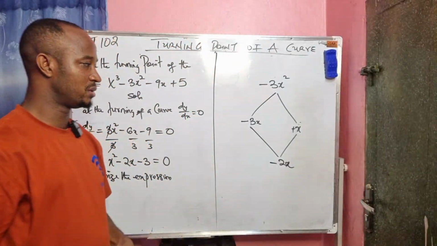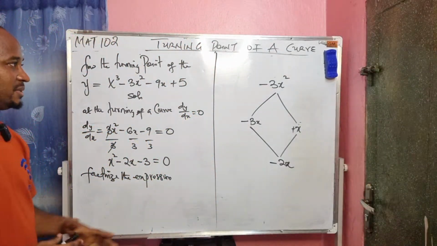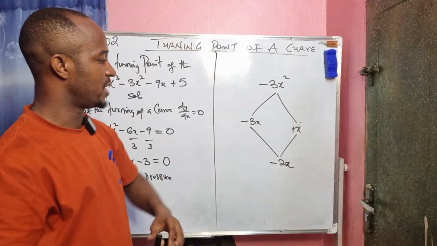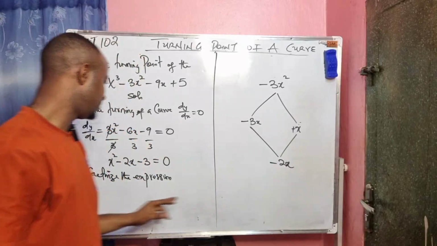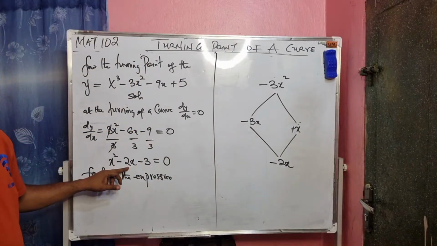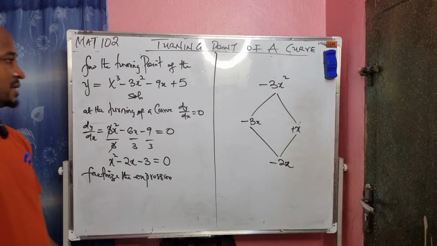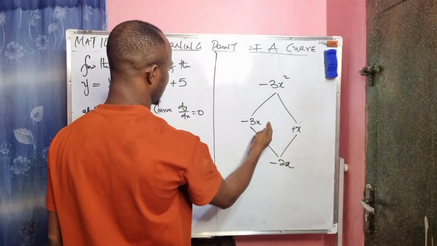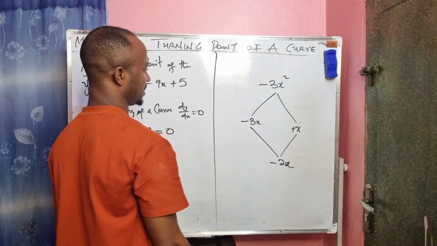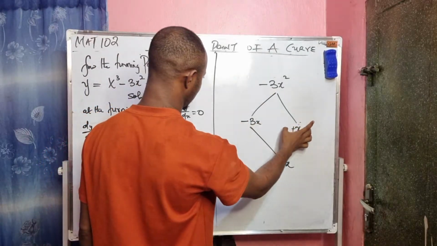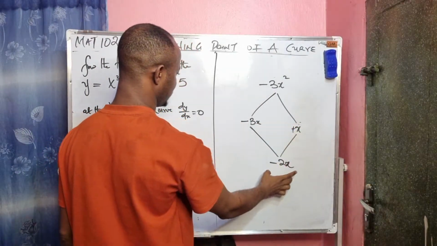I say think of two numbers that when you multiply them, the result will be this, but when you add them, the result will be the middle term here. So we have seen that we can actually work with these two. Minus 3x times plus x is minus 3x squared. Minus 3x plus x is minus 2x.